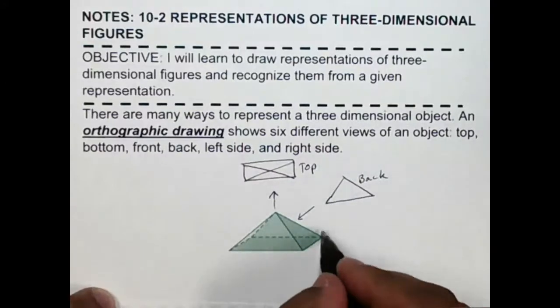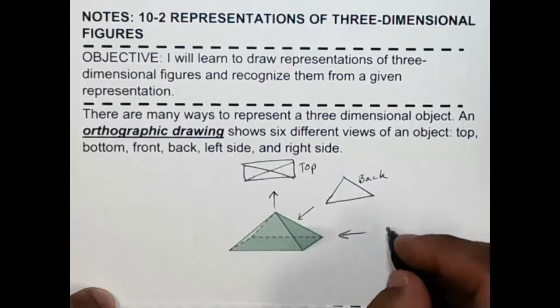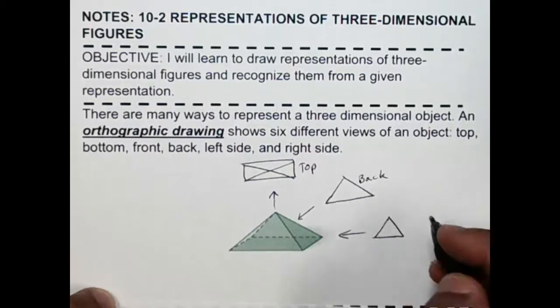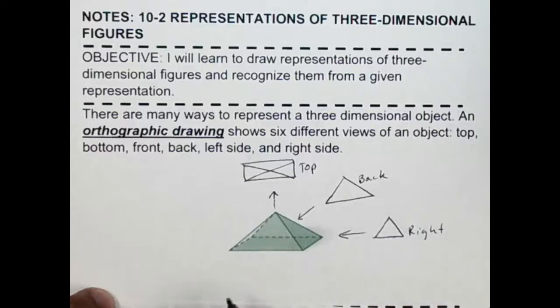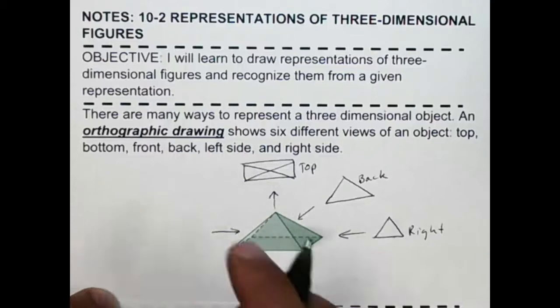If I'm coming at it from the right-hand side, I'm going to see another triangle that would look a little more equilateral, probably. And then the left side would be similar to what's on the right.